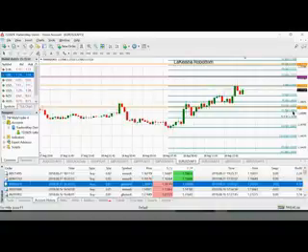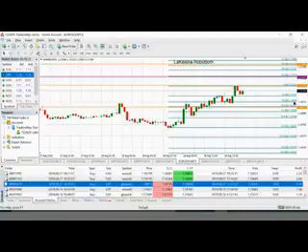So my take profit would be at the 85, which is about 13 pips. And then my stop loss would be somewhere here around the 04 or the 16 as well, to make sure that I'm within my risk management ratio of 1 to 1.